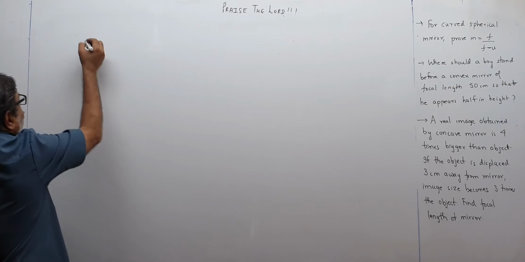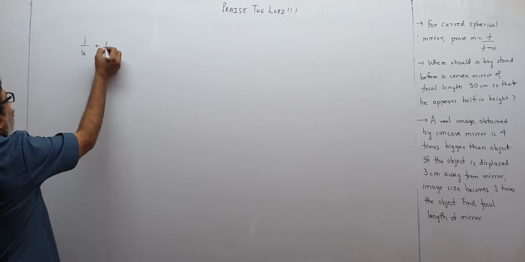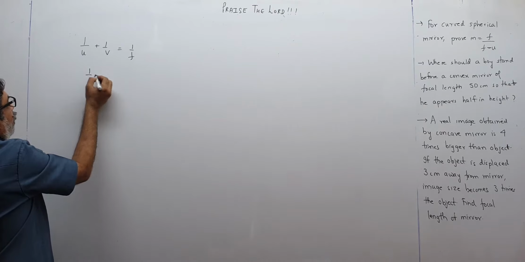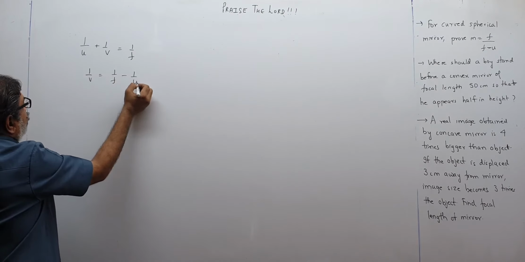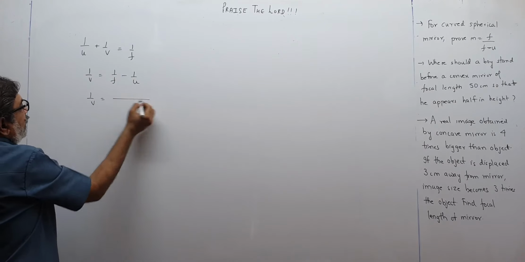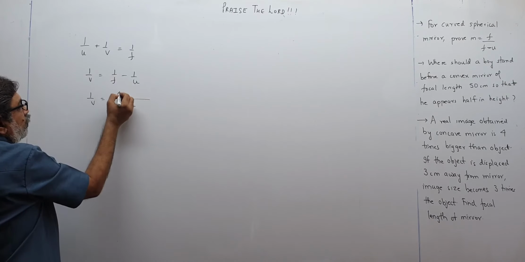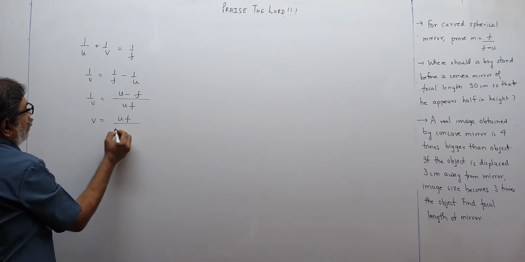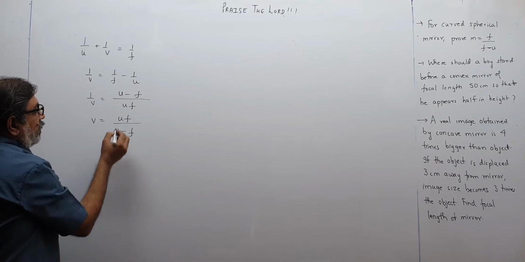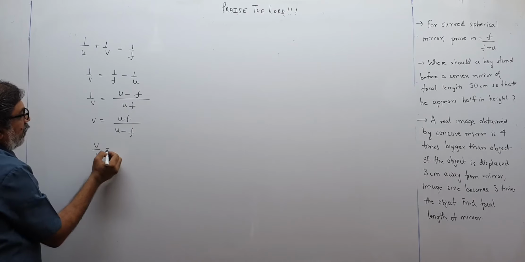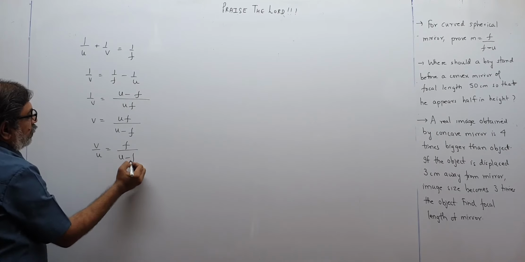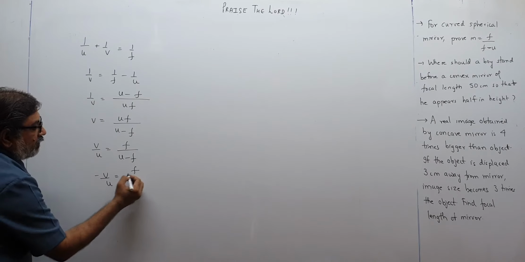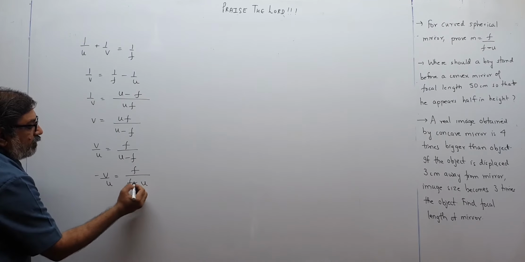So look, we know that 1 upon U plus 1 upon V is 1 upon F. So 1 upon V will be 1 upon F minus 1 upon U. Taking UF as LCM, V becomes UF upon U minus F. Take U over here. This becomes F upon U minus F. Minus V upon U, change the sign, is F upon F minus U.